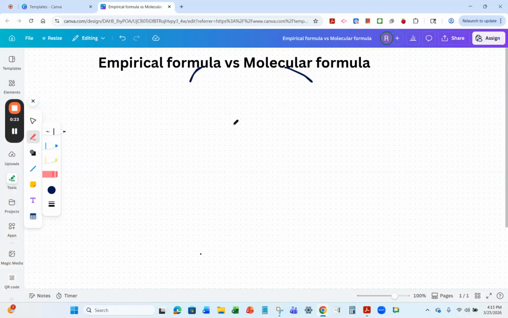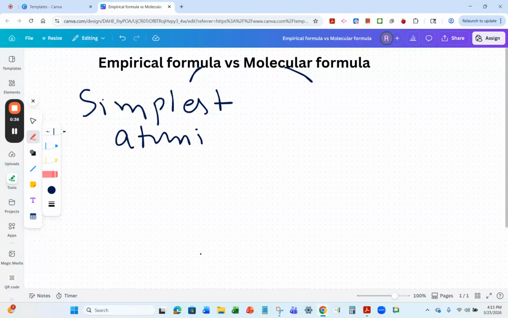So, first of all, in terms of words, empirical formula means simplest atomic ratio inside the formula, simplest atomic ratio, or simple word small.